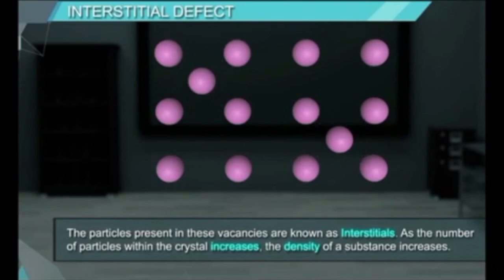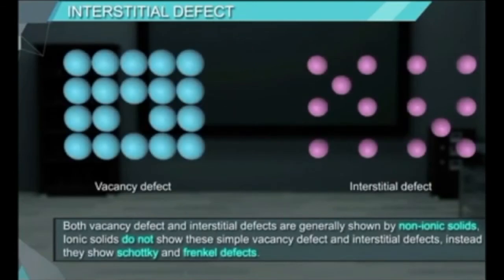As the number of particles within the crystal increases, the density of the substance increases. Both vacancy and interstitial defects are generally shown by non-ionic solids. Ionic solids do not show these simple vacancy and interstitial defects.